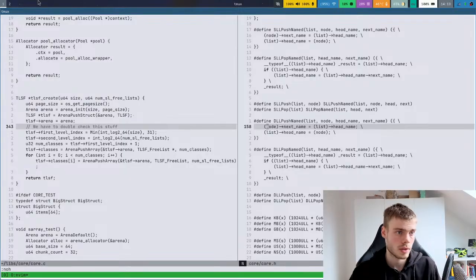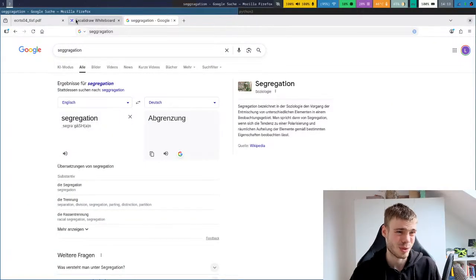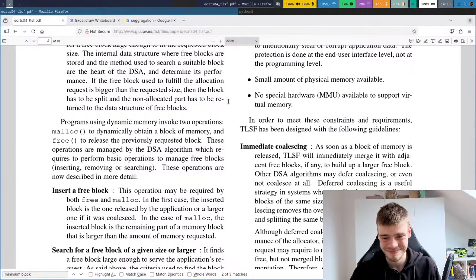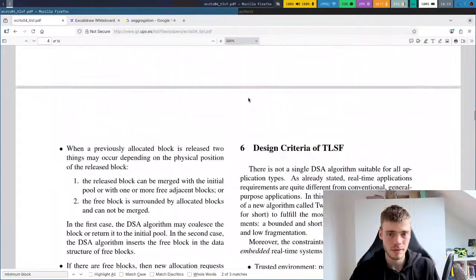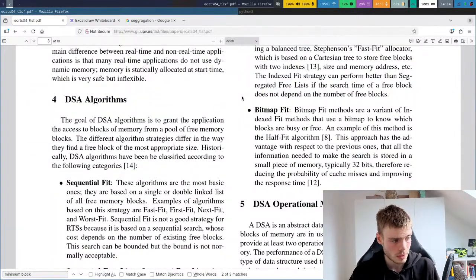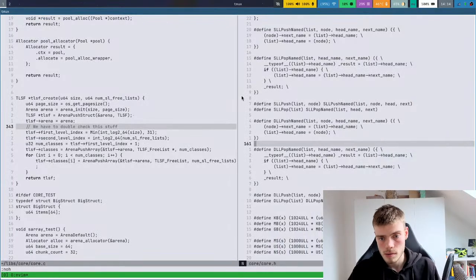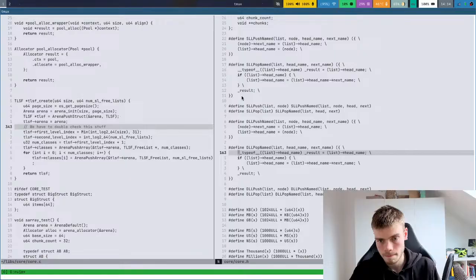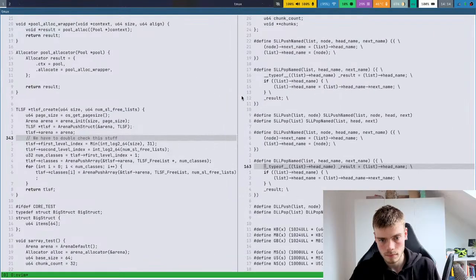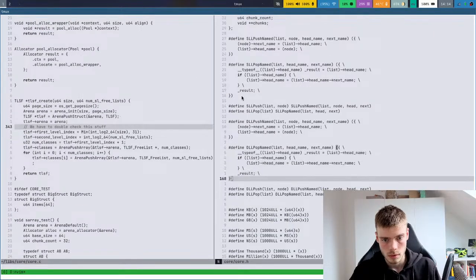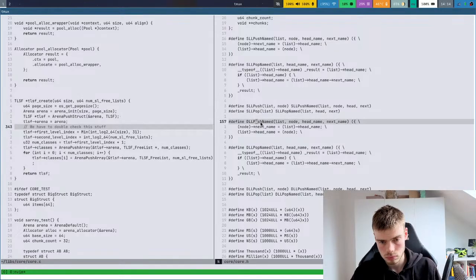The question also is, does a doubly linked list have a last one? And also need a prev name.